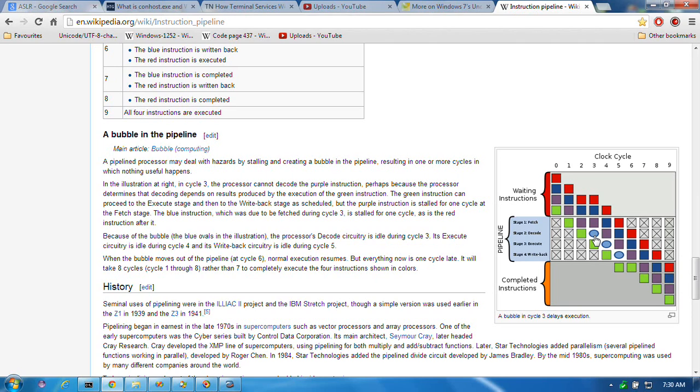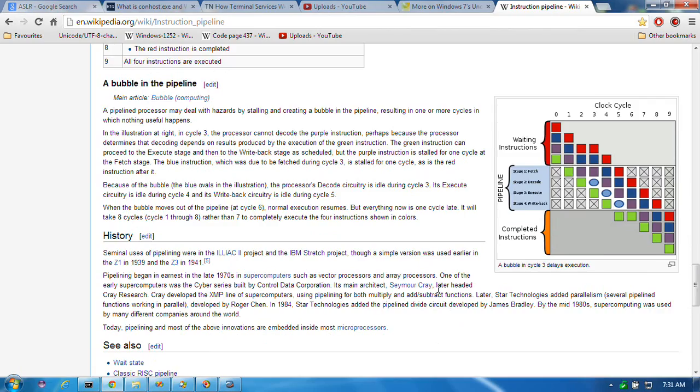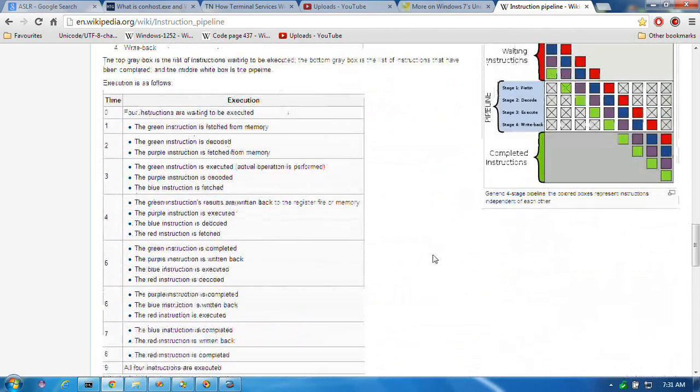This one's not allowed to go to the decode phase yet because it has to wait for one of them to write back, I suppose. Something like that. Or it has to wait for something. Let's see, who's waiting here? This one's being executed. This has to complete executing before this can get decoded, I guess. Anyway, you can get the idea vaguely, right?